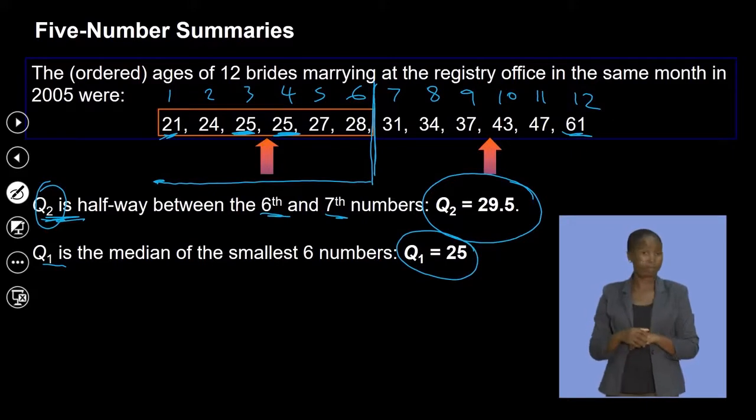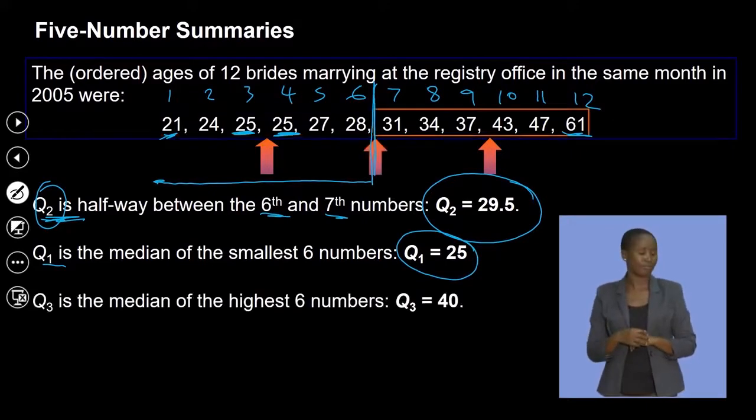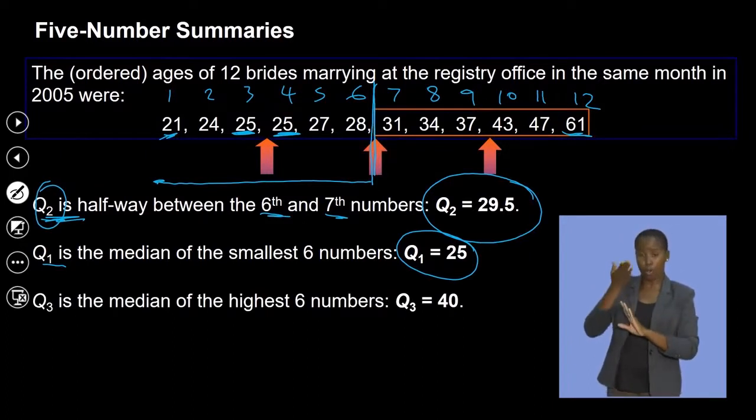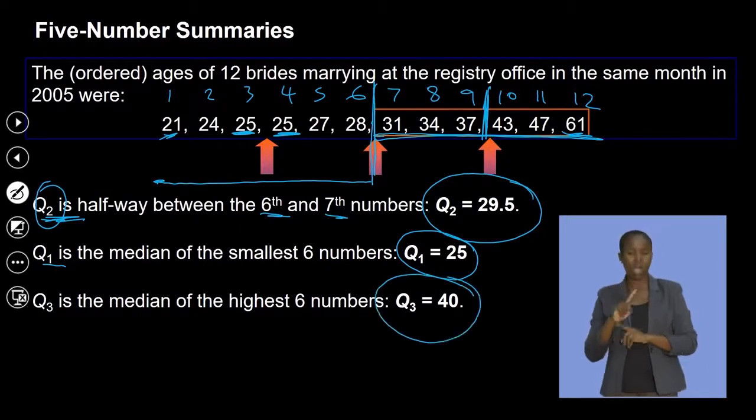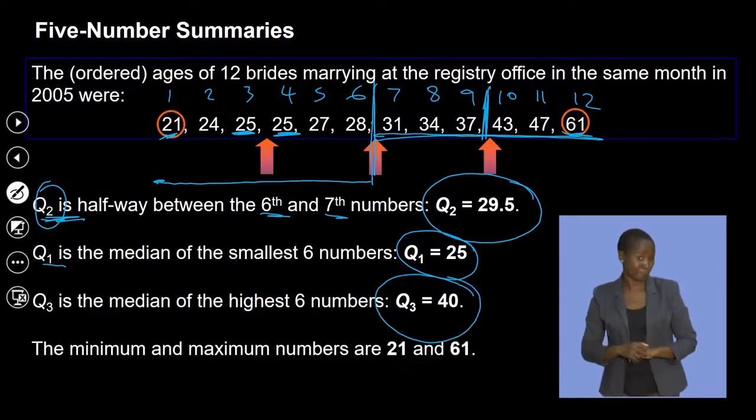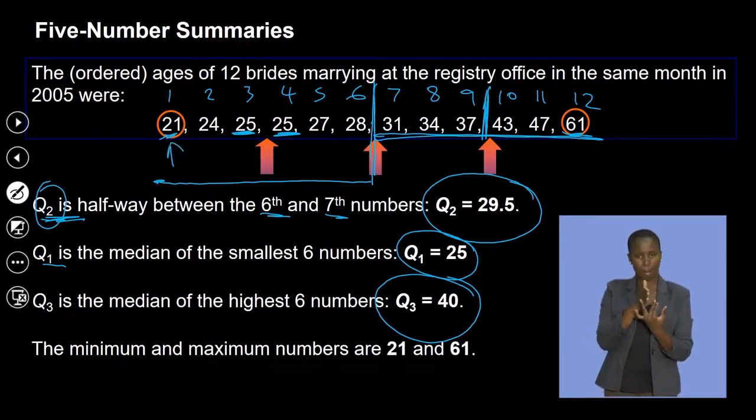Are we together? Okay. Then the upper quartile is the median of the upper half, which is between 37 and 43. 37 plus 43 divided by 2 will give us 40. Then the minimum value and the maximum value are 21 and 61.